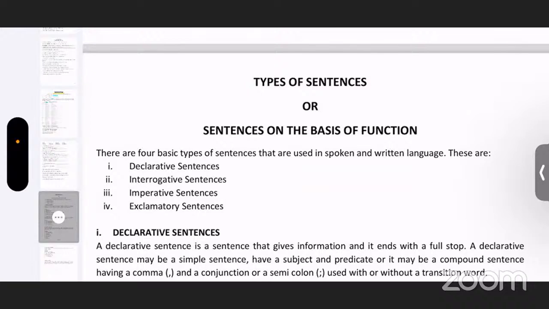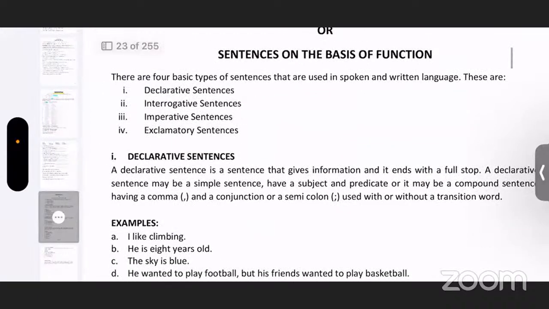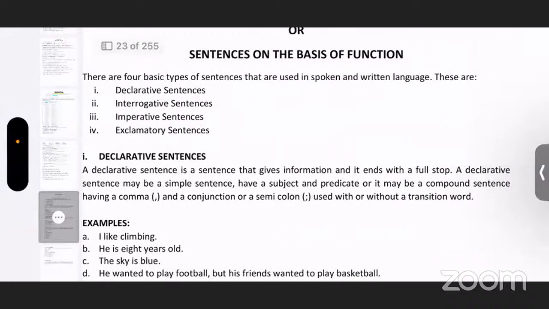The way the sentences are said, the way the words are delivered from your mouth, we name them accordingly as the kinds of sentences. So basically, we will have four categories, and then subcategories among them. As you can see on the screen, there are four categories basically.